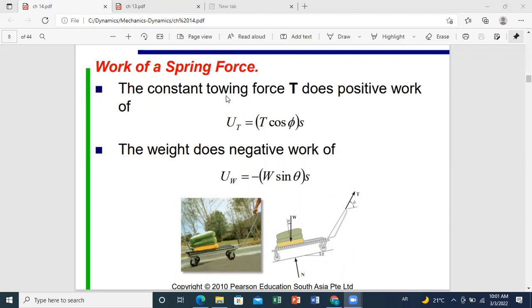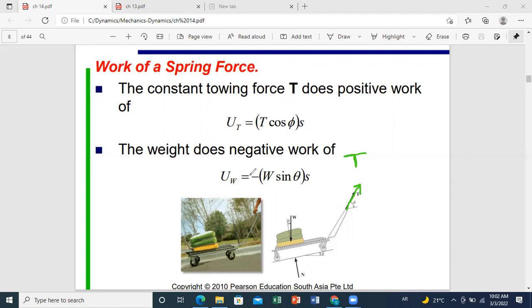You are applying on it a certain force F, or T. And you want to find the total work done on your system. Whenever we have a problem involving work of forces, we should first draw the free body diagram, determine all forces acting on the system, then calculate the work of each force and do the summation.